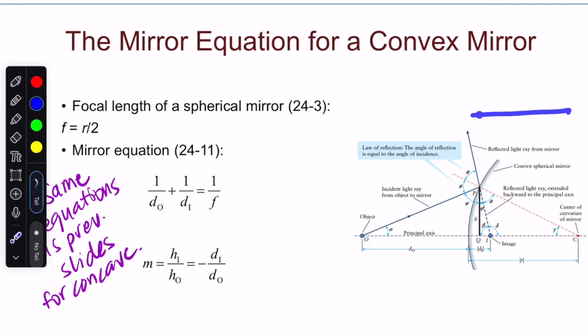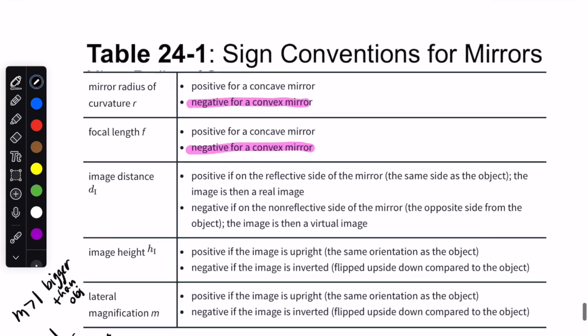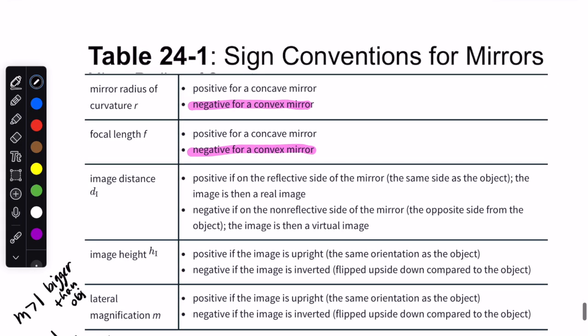In this picture, the ray diagram and geometry prove that these are still valid equations, where 1 over f can be substituted for 2 over r. Same equations, but we have to be a little more careful with sign convention. The radius of curvature and the focal length are negative for convex mirrors. Everything else is still true.